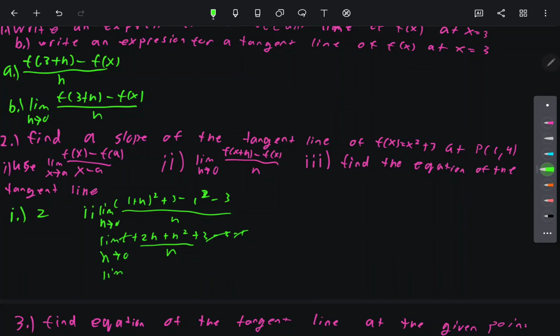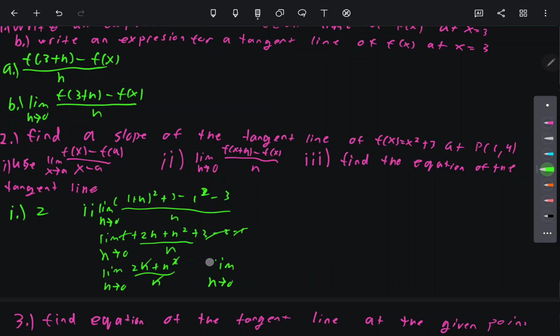So we're just going to take the limit as h approaches 0 of 2h plus h squared all over h. This h is going to cancel all the h's up top. So we're just left with the limit as h approaches 0 of 2 plus h, which is quite literally just 2.